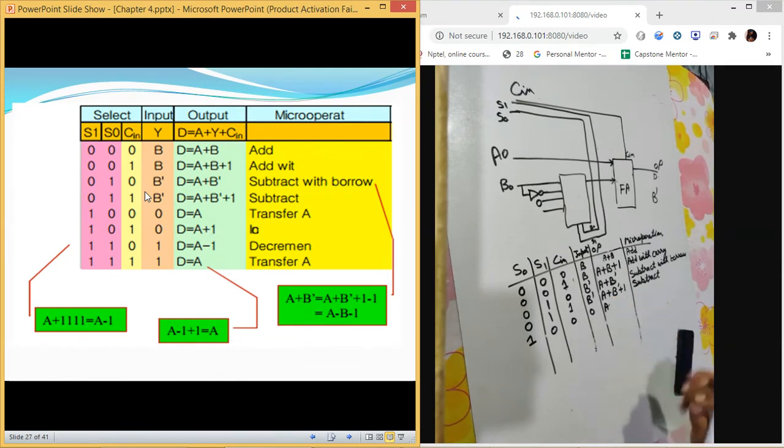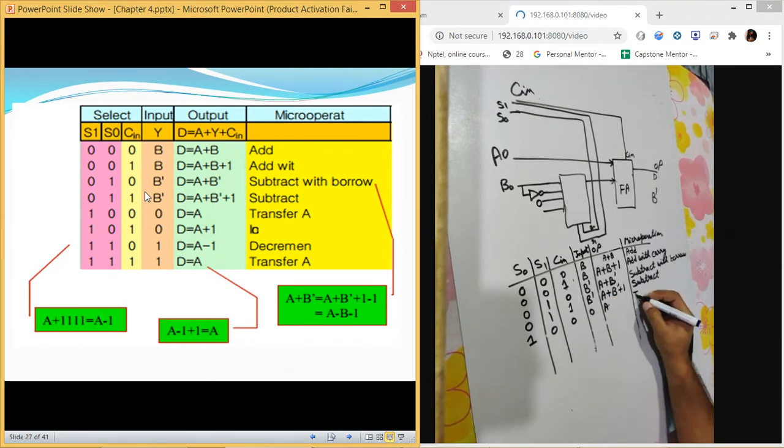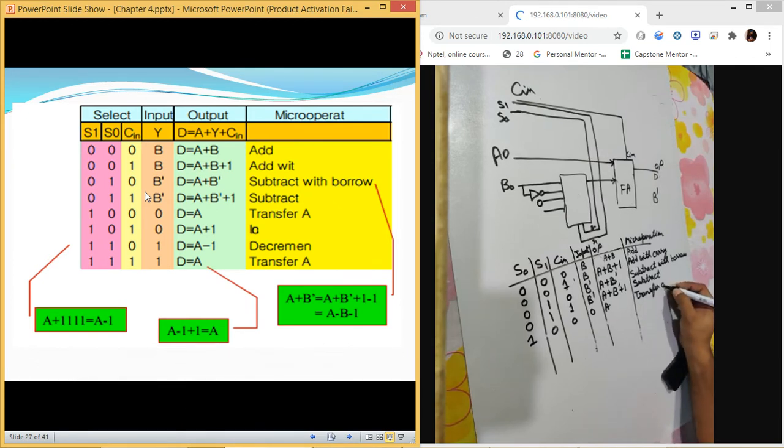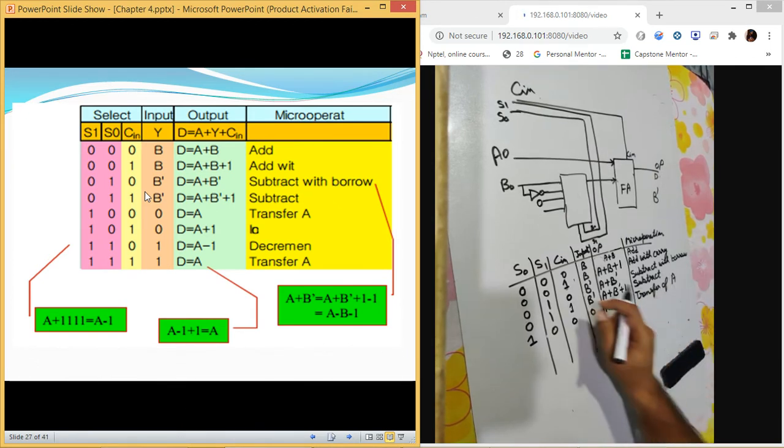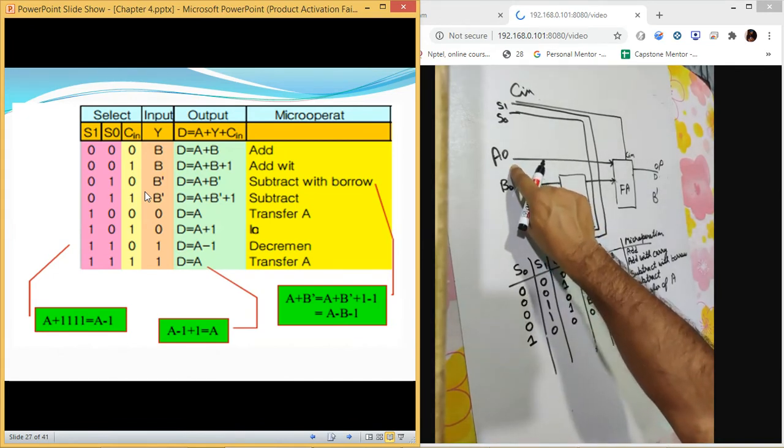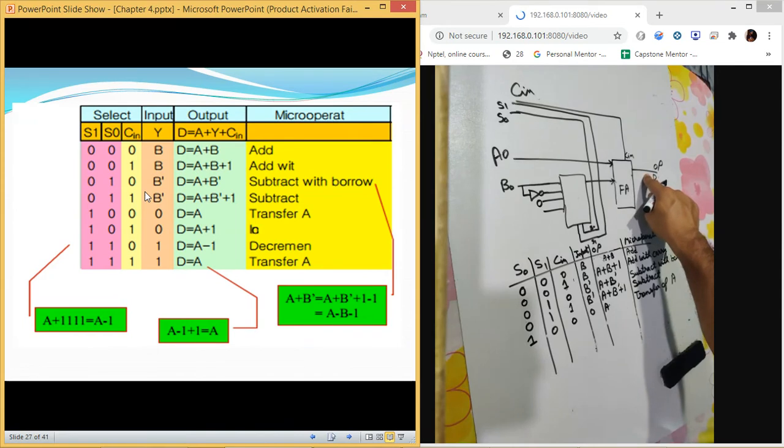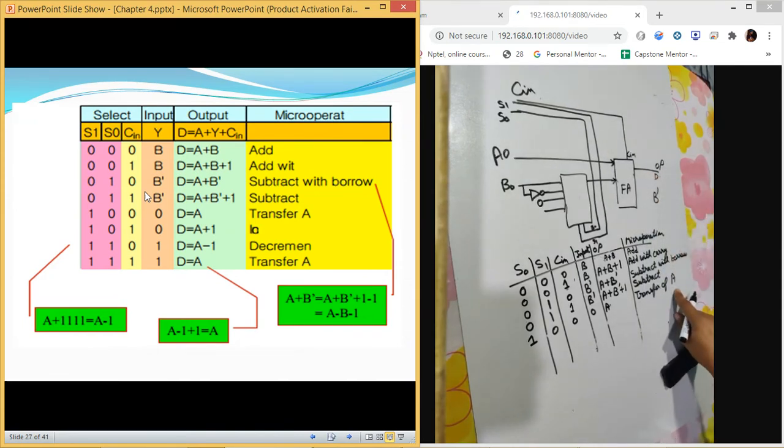That is why this is known as a transfer of A, which means whatever value we give at this place will be forwarded to the output. That is why this is known as transfer of A operation.